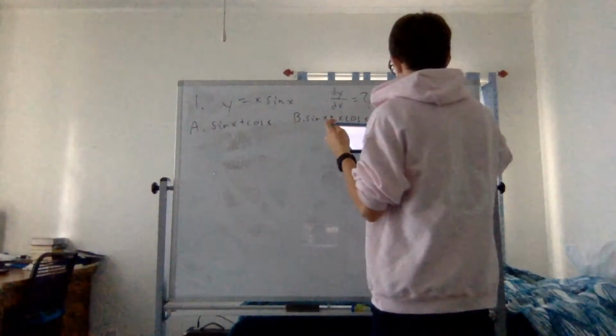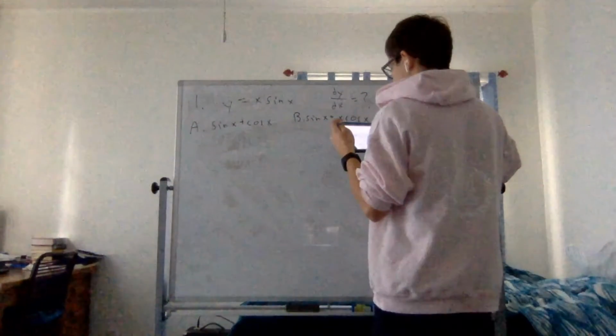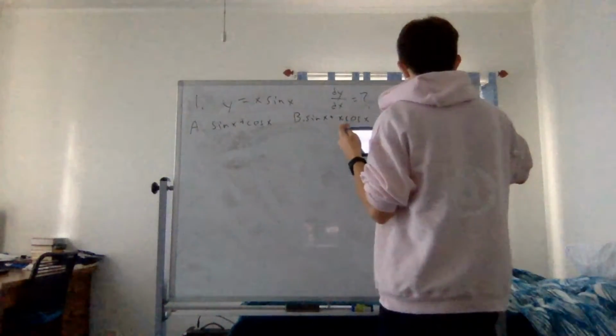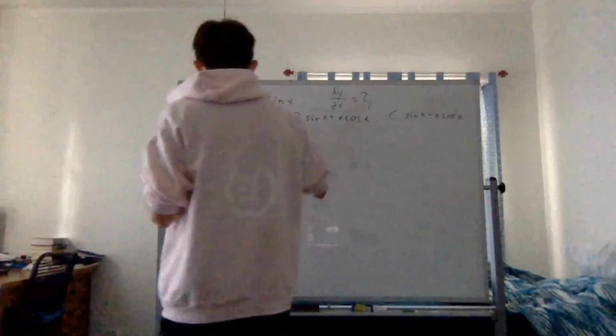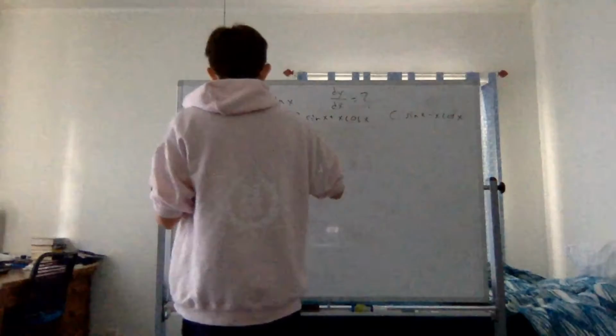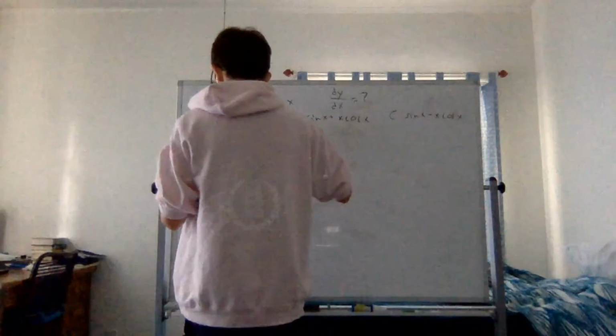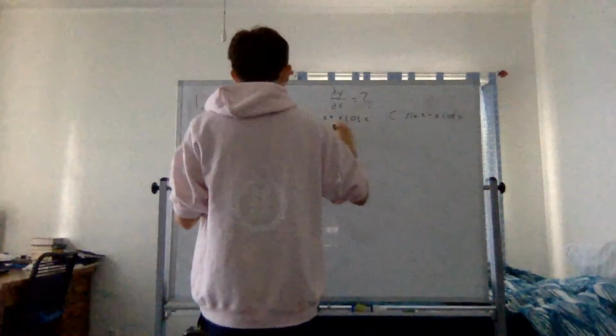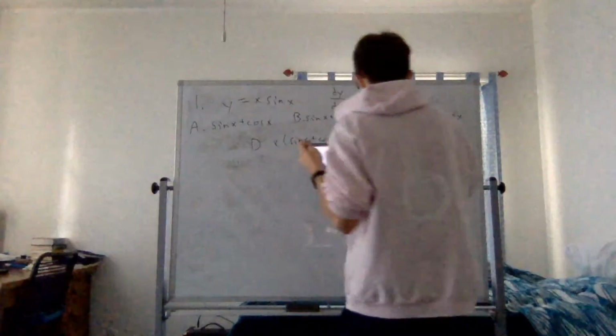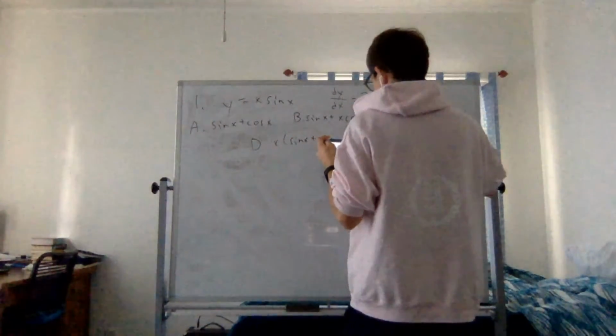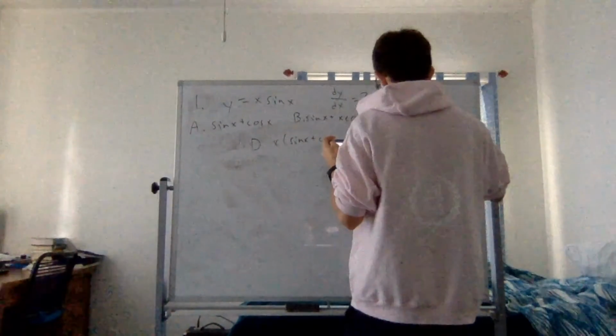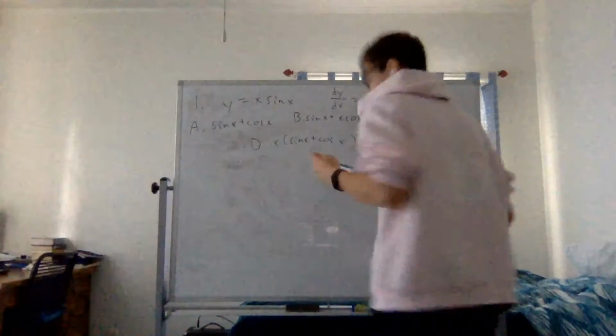C, sine of x minus x cosine x. D, x times sine of x plus cosine x. Or E, x times sine of x minus cosine x.